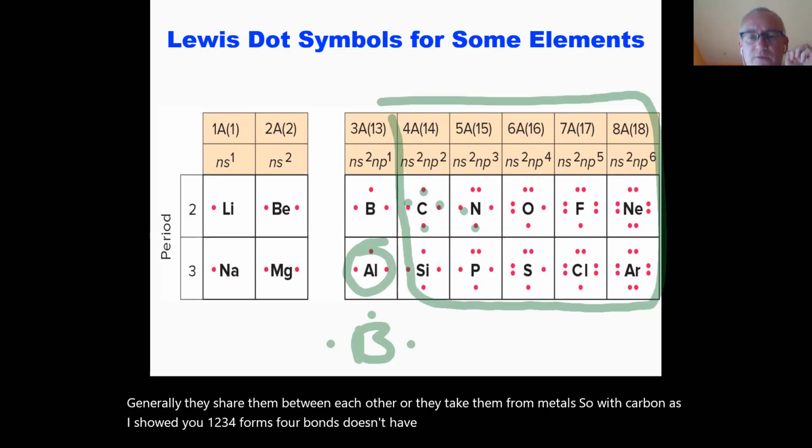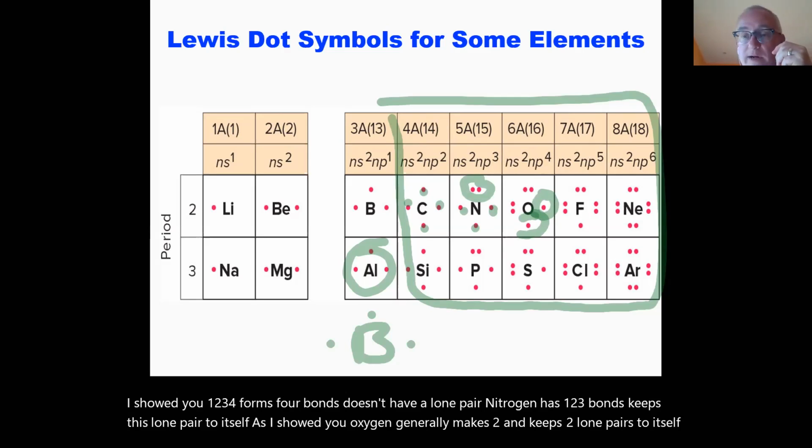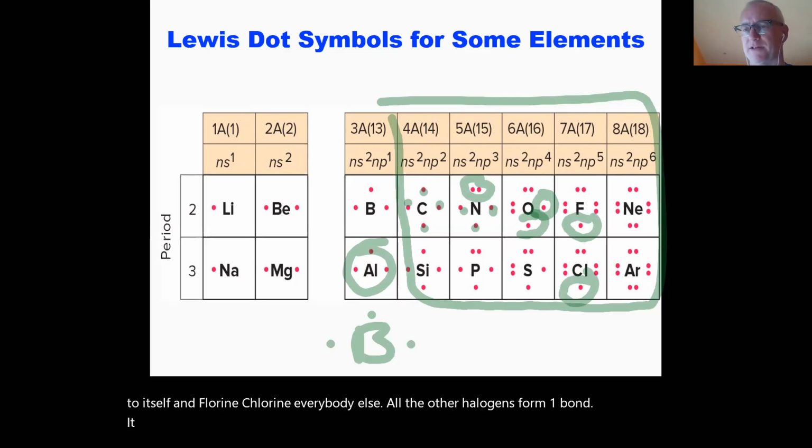Nitrogen has 1, 2, 3 bonds, keeps this lone pair to itself. As I showed you, oxygen generally makes 2 bonds and keeps 2 lone pairs to itself.